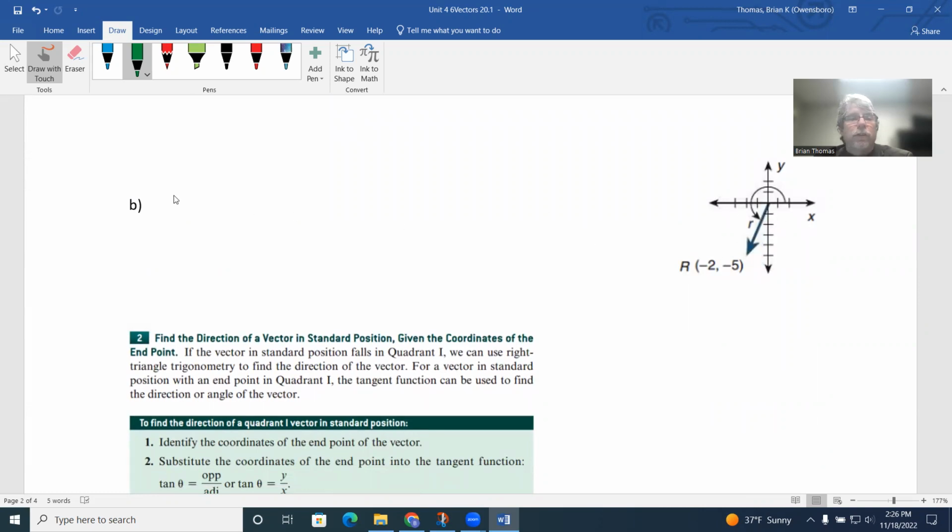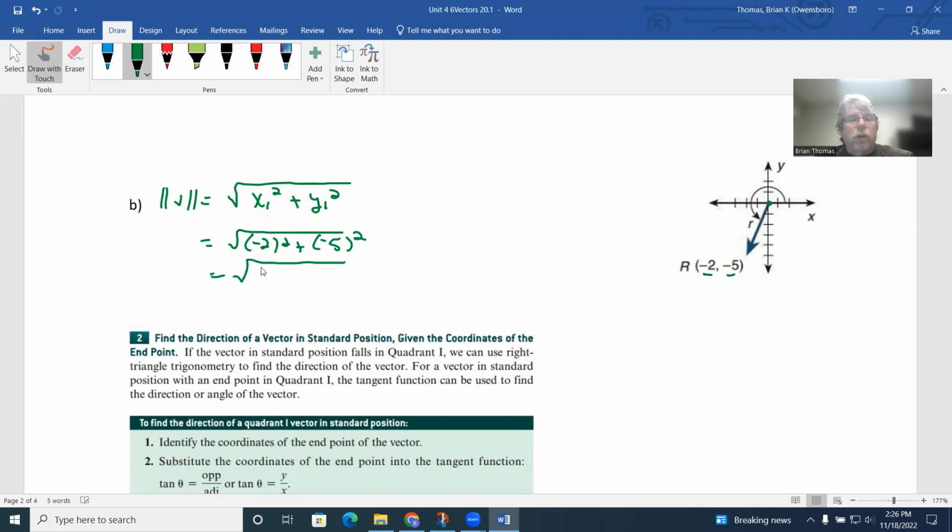Again, to find the length of this vector, we can use the formula, which is the square root of x1 squared plus y1 squared. If we know the endpoints of the vector in standard position, we can just substitute those straight in, and this would be -2 squared plus -5 squared. So this is going to be the square root of 4 plus 25, which is the square root of 29.